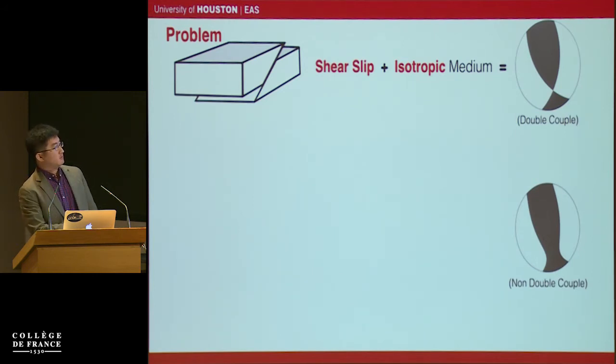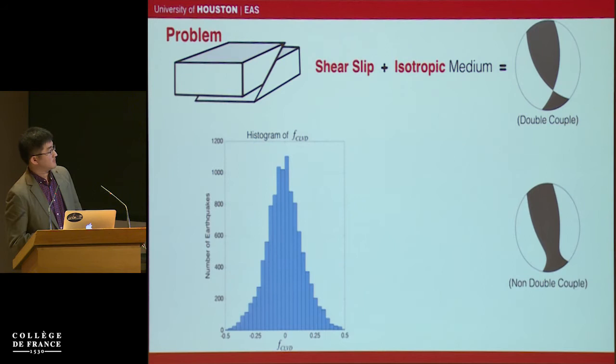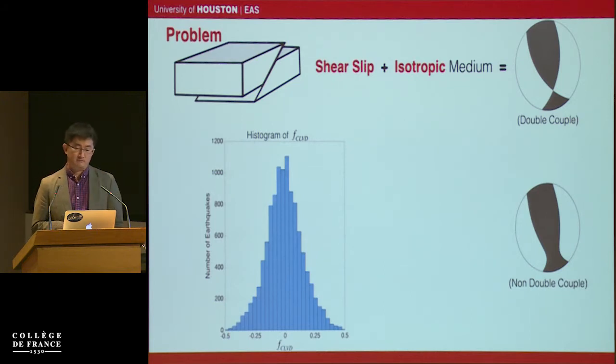Those are just a graphic representation of the moment tensors. So we use the Harvard CMT catalog. This is a histogram of the number of earthquakes versus departure from ideal double couple. We call that the CLVD parameter. If CLVD is 0, it's a pure double couple.